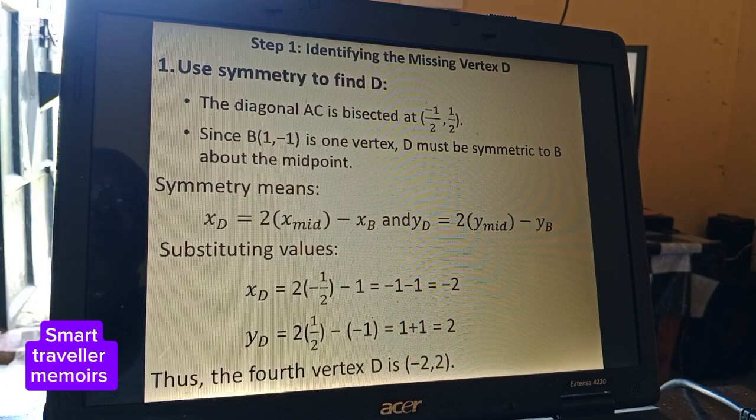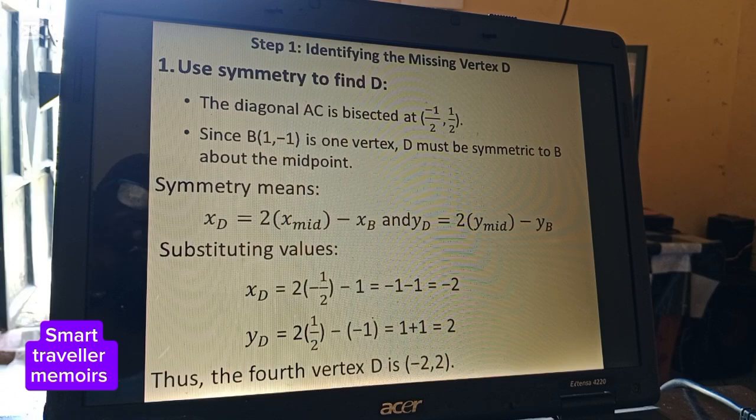Symmetry means the x value for D is equal to 2 times the midpoint x coordinate minus the x coordinate of B. Let me repeat.